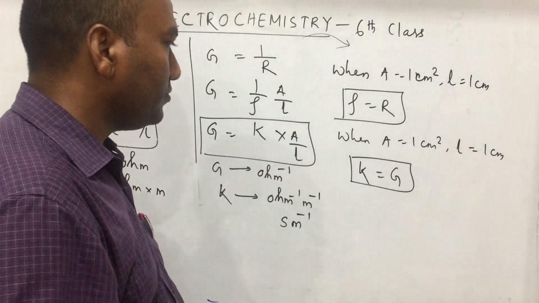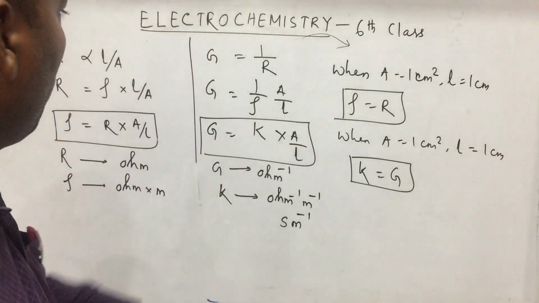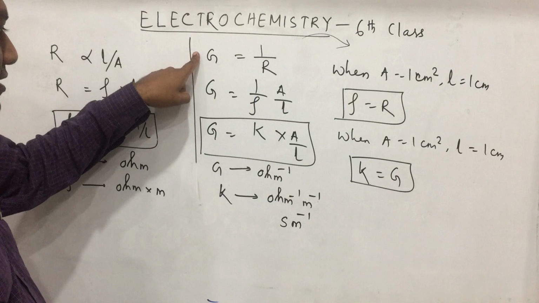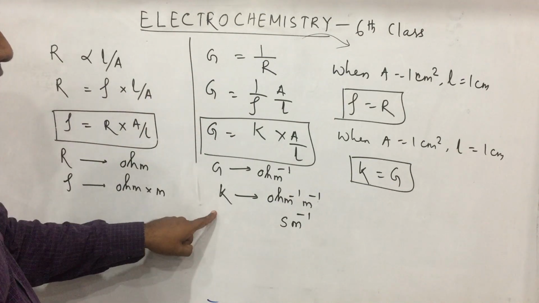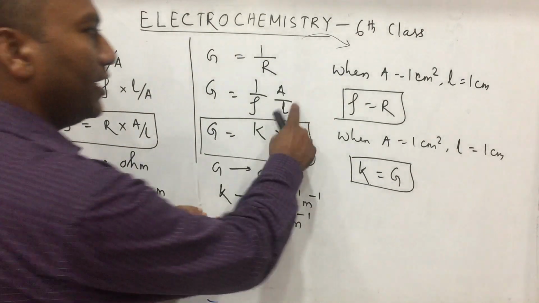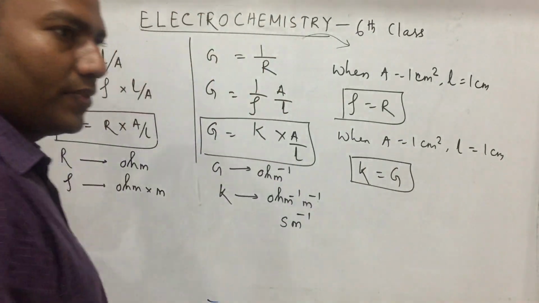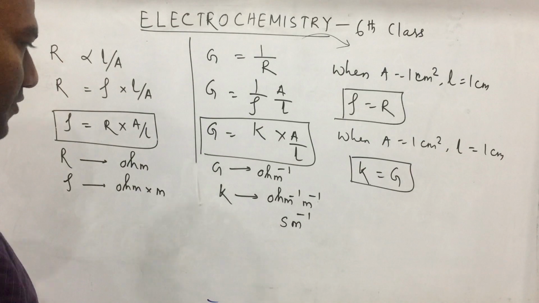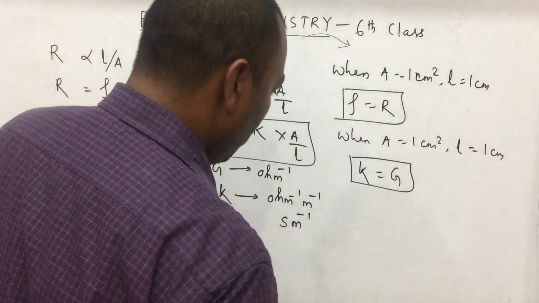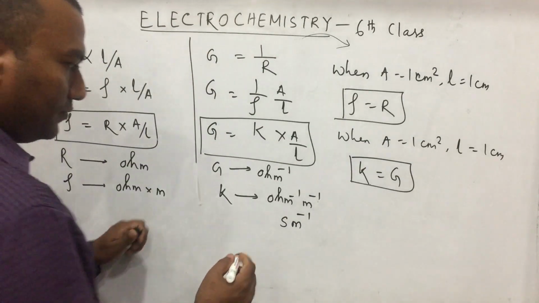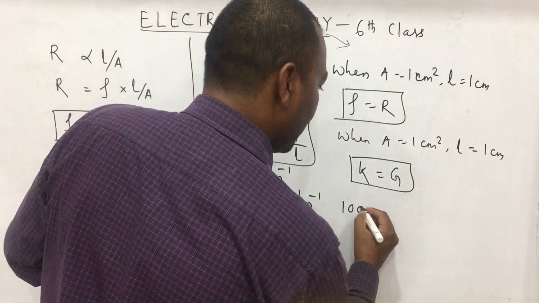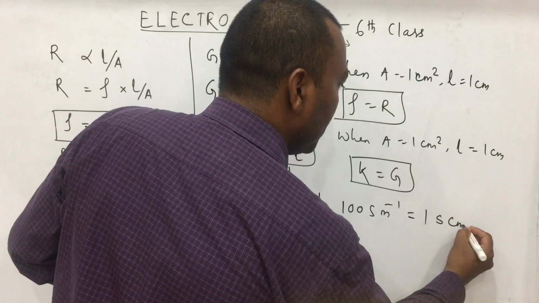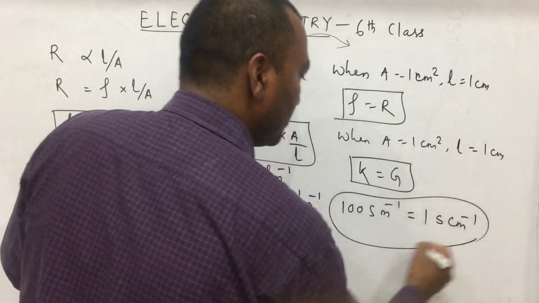So these are the four terms: resistance, resistivity, conductance, conductivity or kappa, SI units and definitions. In this unit format you can remember: 100 Siemens meter inverse equals 1 Siemens centimeter inverse, because this is inverse.